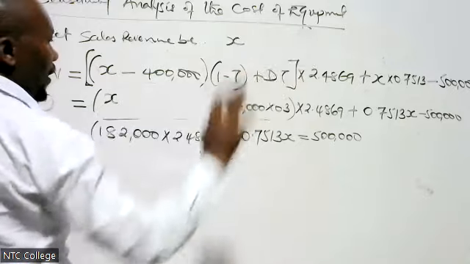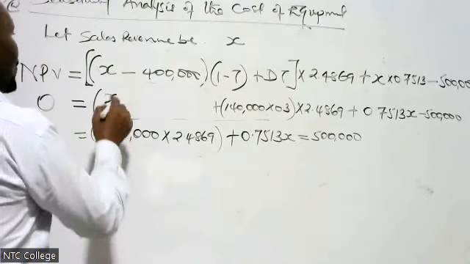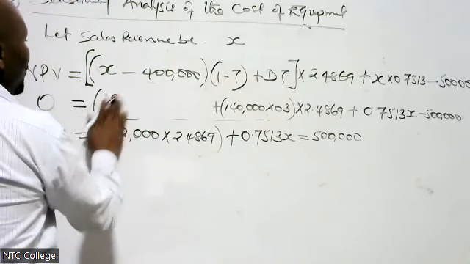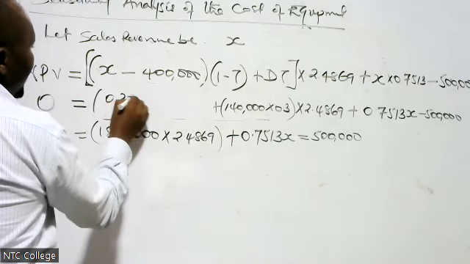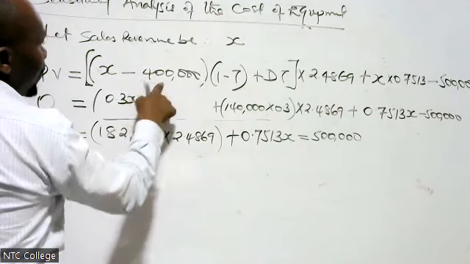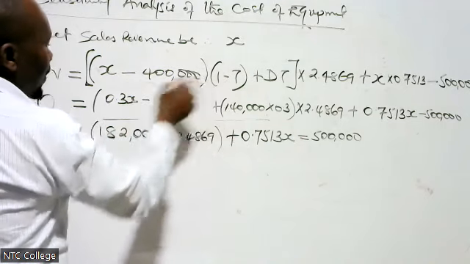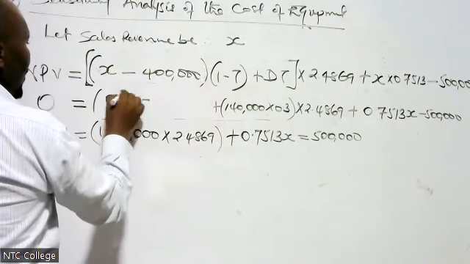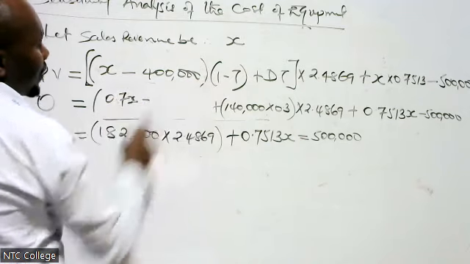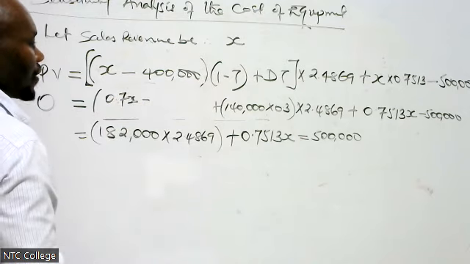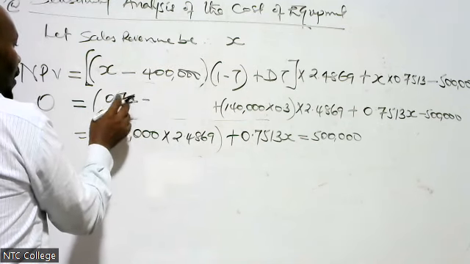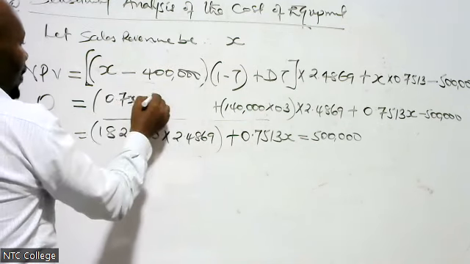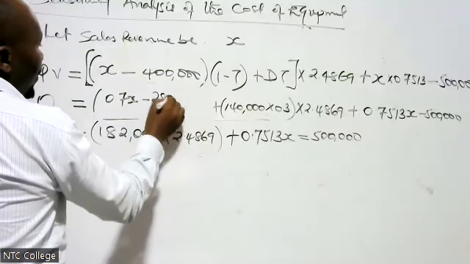So we have our X minus 400. So this one is going to be 0.3, right? So we have 0.3X minus this one times 0.7. See, that's 0.7, sorry. 1 minus 30% is 0.7, so we're multiplying with 0.7. So it is 0.7X. This one is going to be 280.